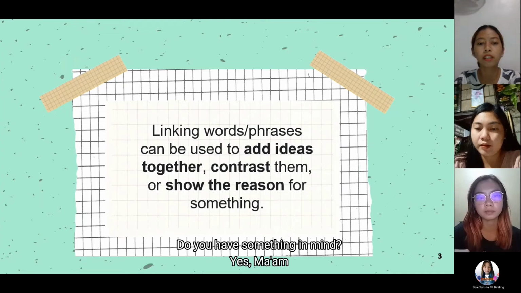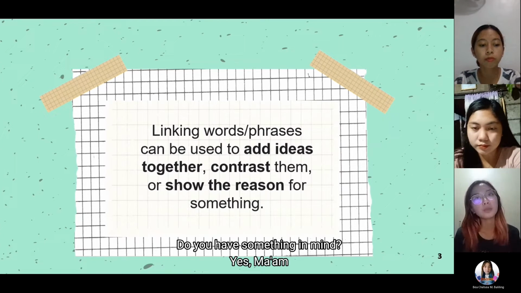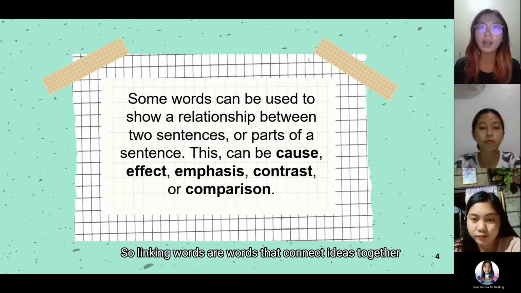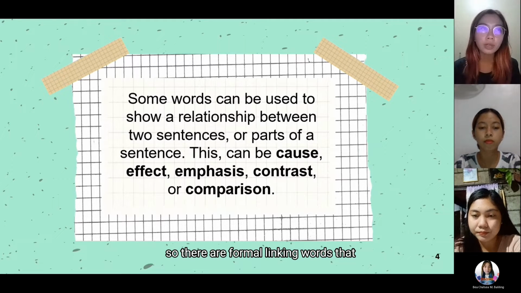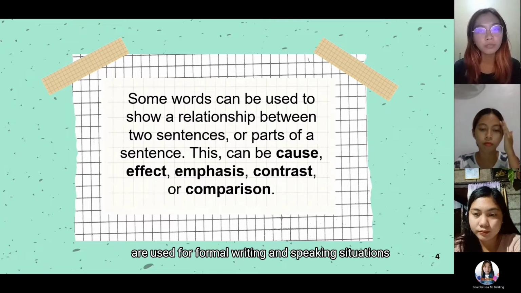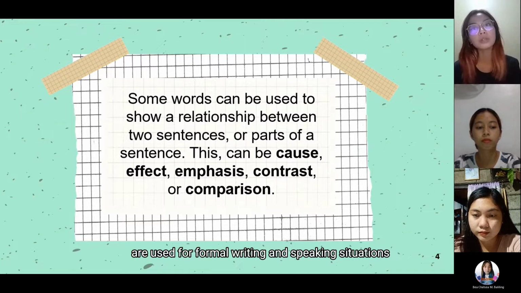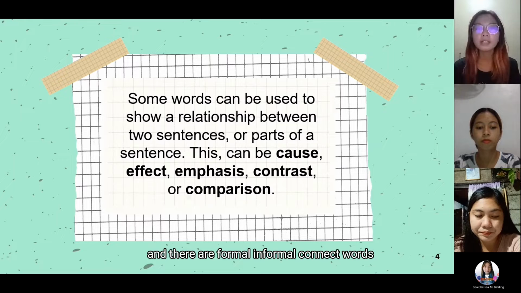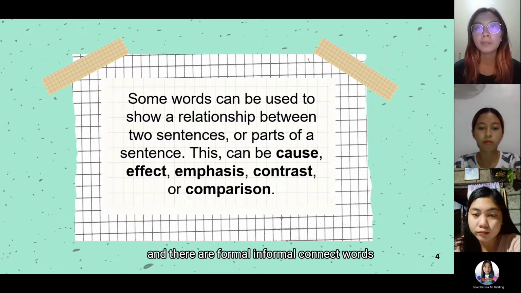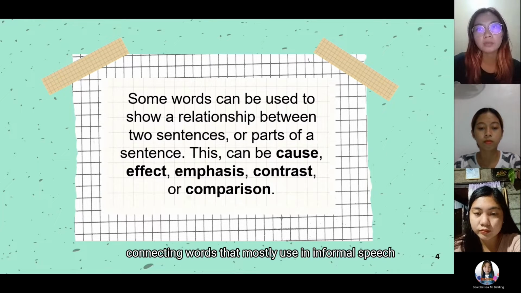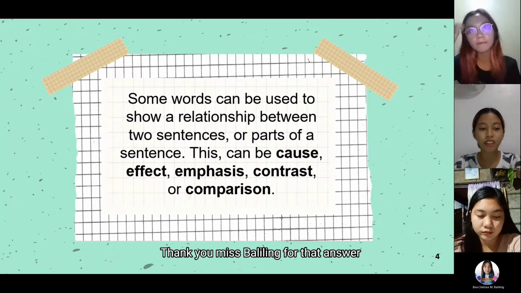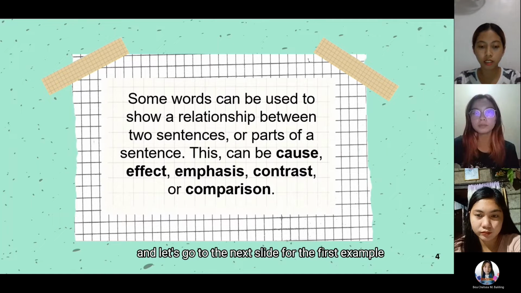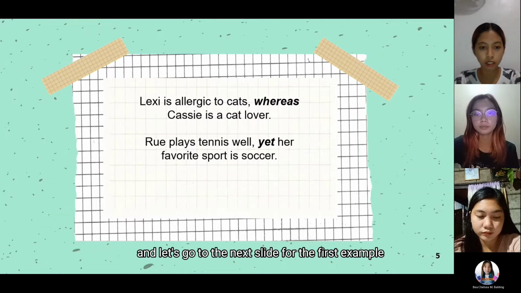Linking words are words that connect ideas together. There are formal linking words used for formal writing and speaking situations, and there are informal connecting words that are mostly used in informal speech and writing. Thank you, Miss Beliling, for that answer. Let's go to the next slide.